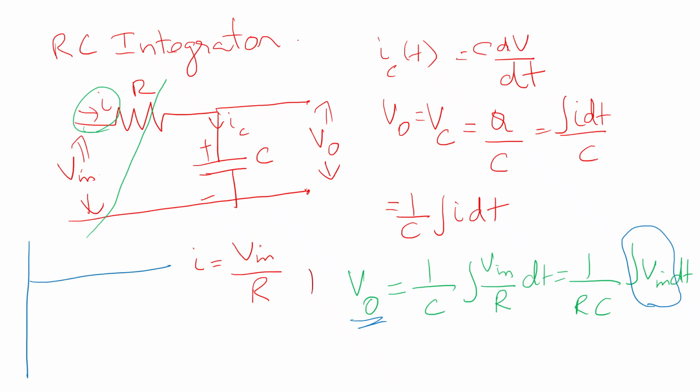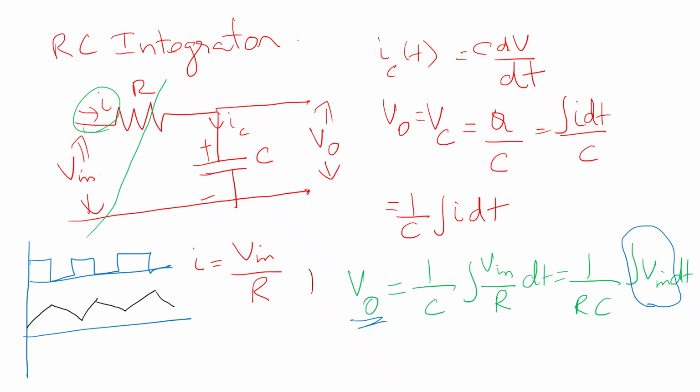For example, if we are feeding a square pulse like this to the integrator circuit, the capacitor charges during the positive cycle, during T on, and then discharges again during the off time, charges again and the capacitor discharges.